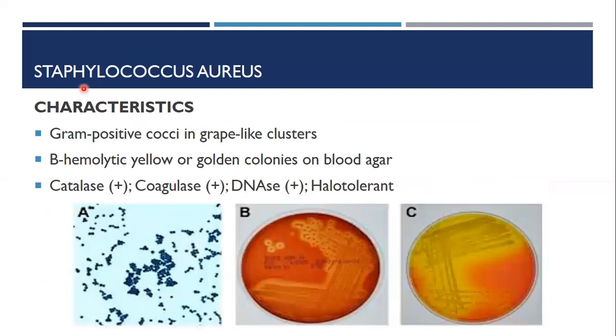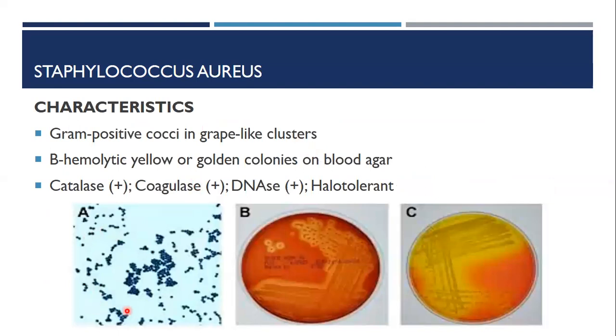Let's start with Staphylococcus aureus. So again, when asked what the bacterial morphology is, you should answer gram-positive cocci in grape-like clusters. Take note of that.